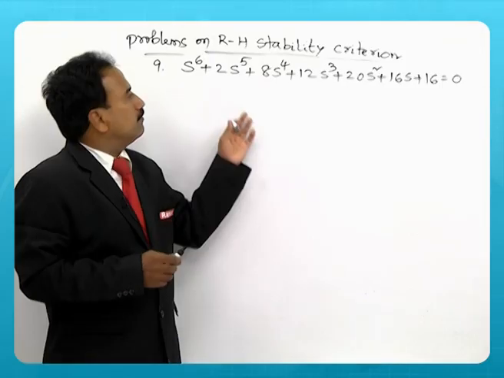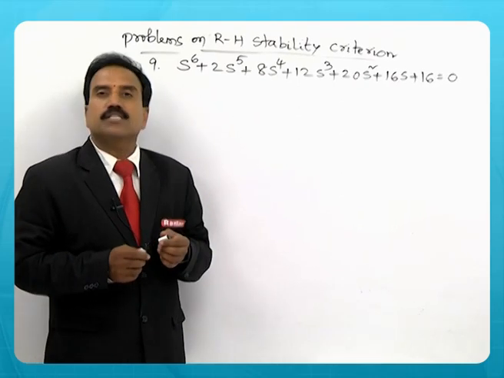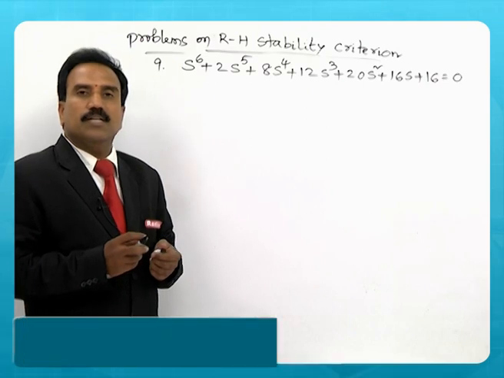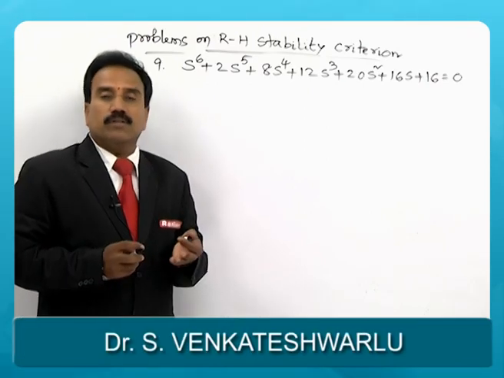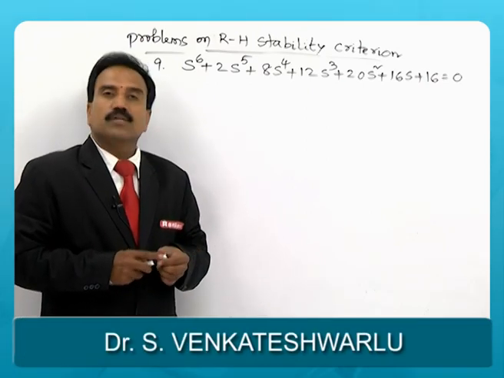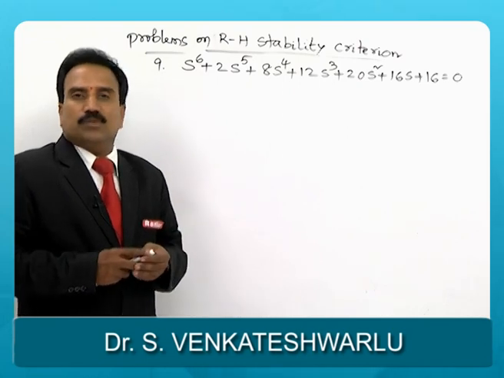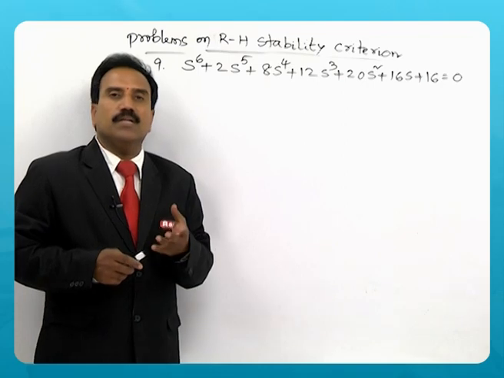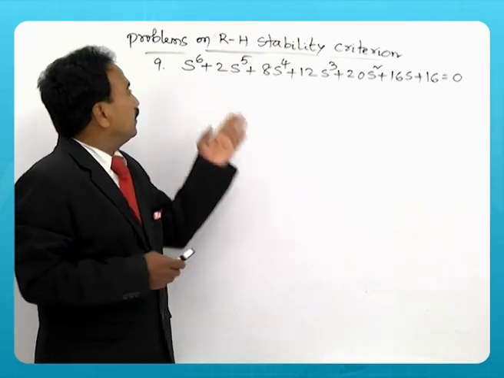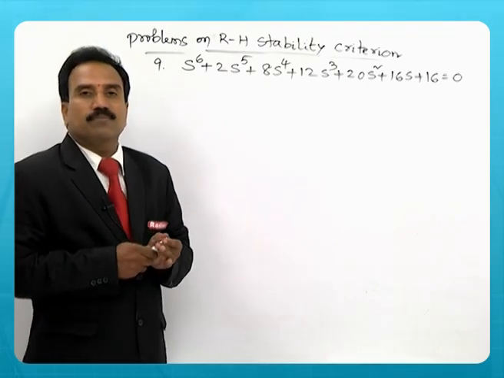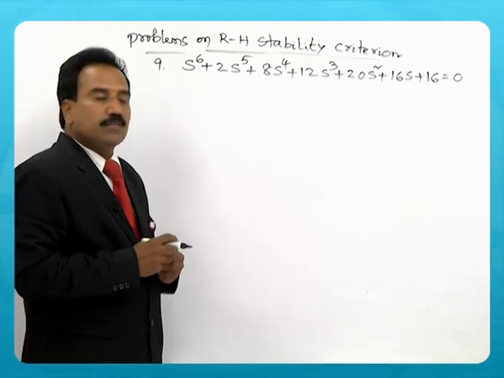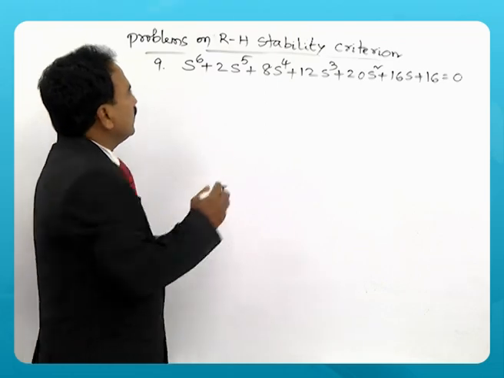The given equation is of 6th order, very complex and difficult to solve to find the roots using the normal procedure. But the R-H stability criteria makes it very simple to assess the stability even for a 6th order system. Let us see what is the status of this particular system according to this criteria.